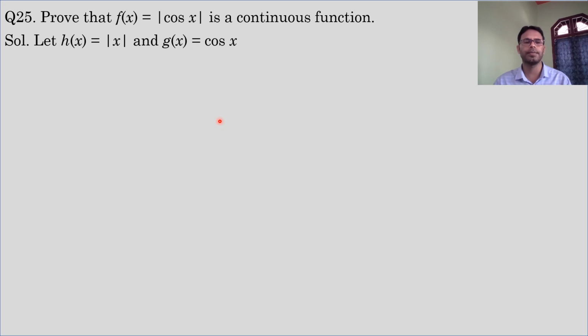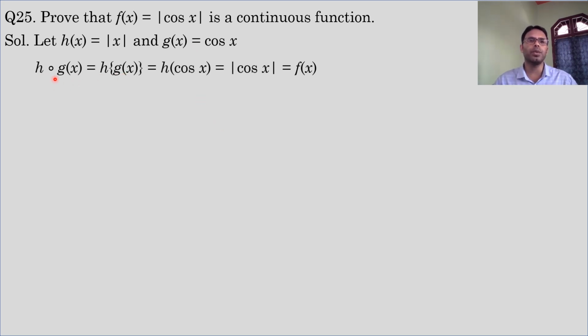You see here, this is h o g of x. This is the process of writing two composite functions. h o g, that is h is operating on g. If you do not write this o of composition here, then it should be written like h of g(x).